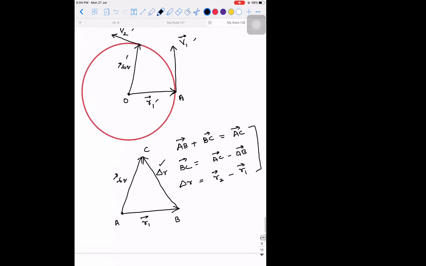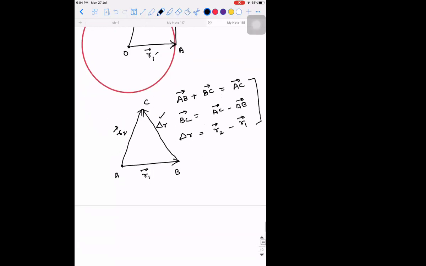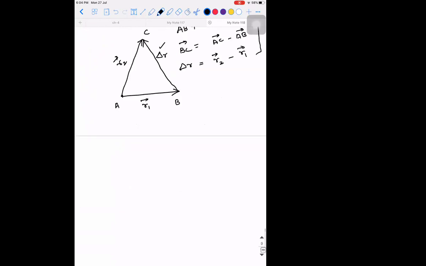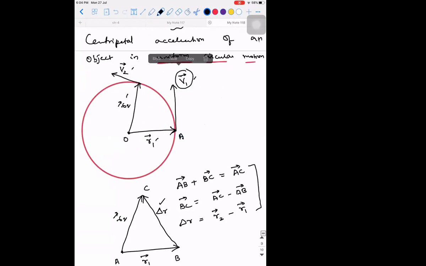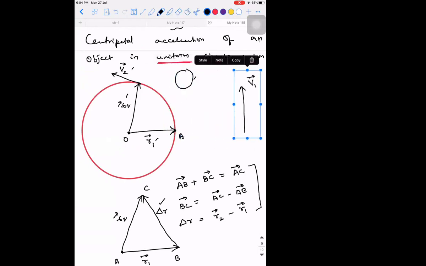Yes. Now see, I'm going to take V1 vector and draw it separately. So this is V1 vector. I'll show you for you to understand better. It's like I'm moving this. I've taken V1 vector outside.